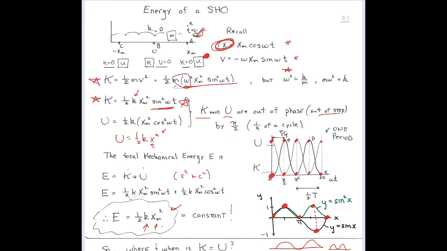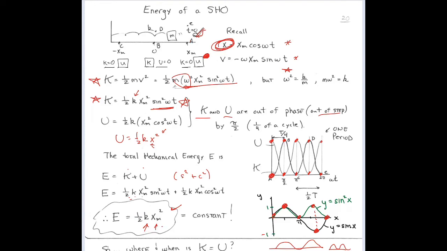So remember, what this means is, if I go back to my picture, all the energy is potential, then all kinetic, then all potential, and so on. Right when I start, all the energy is potential, 1/2 k x max squared.